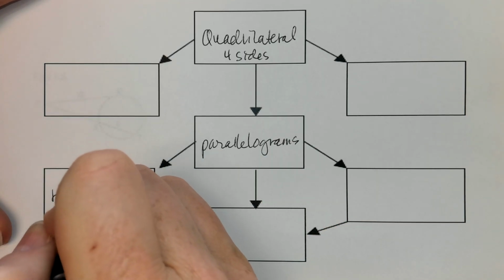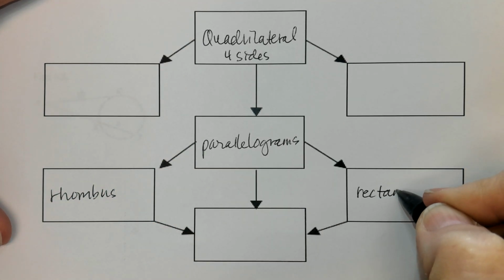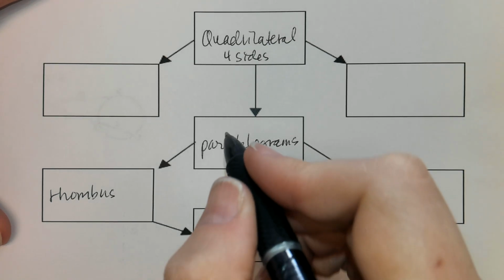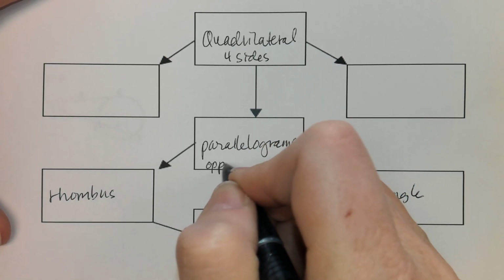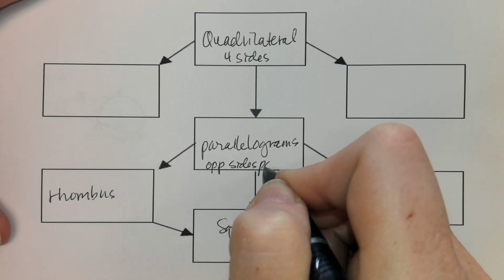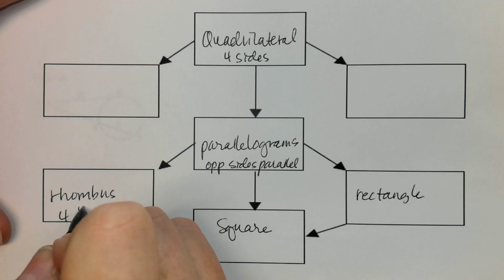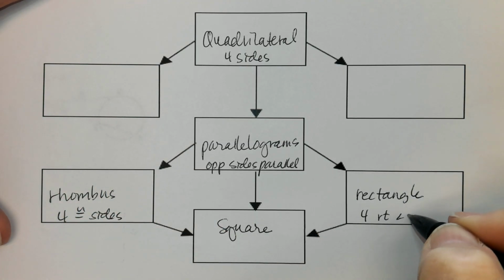We did rhombus, we did rectangle, and we did square. To remind you, what makes a parallelogram a parallelogram is having opposite sides parallel. What makes a rhombus is it has 4 congruent sides. Rectangles have 4 right angles.